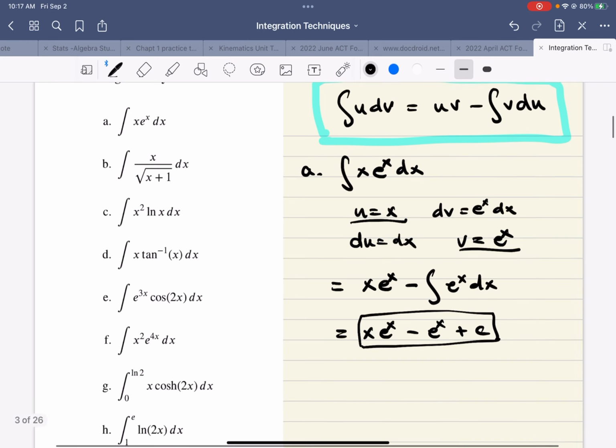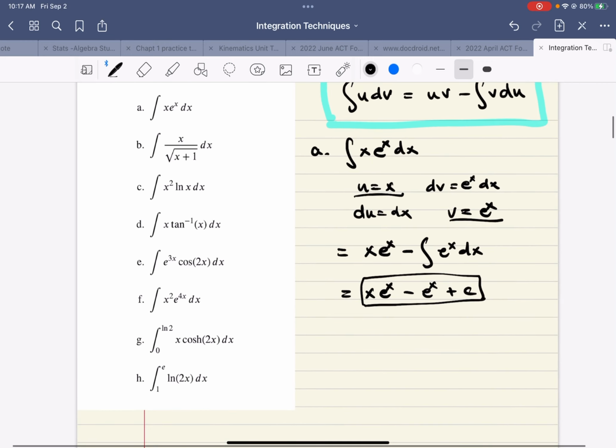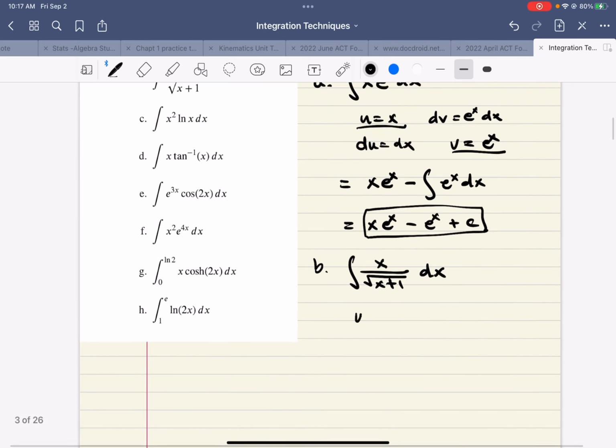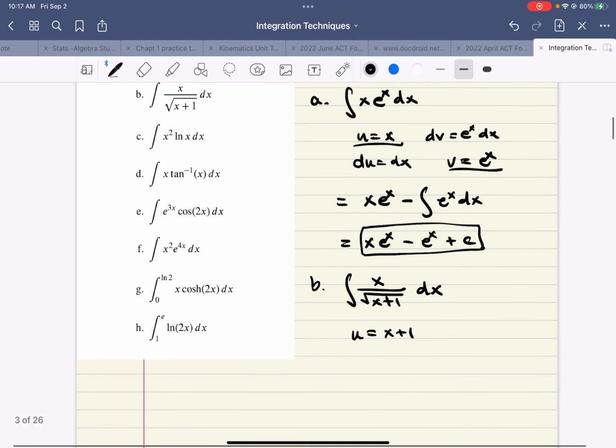Okay. Now let's move on to b. How are you gonna do the integral of x times the square root of x plus 1, right? This one I'm gonna use a u sub. So let's say u equals x plus 1. Okay, and then du equals dx.